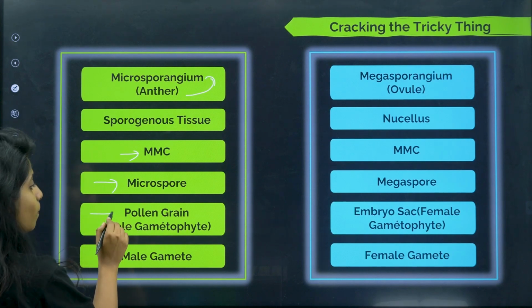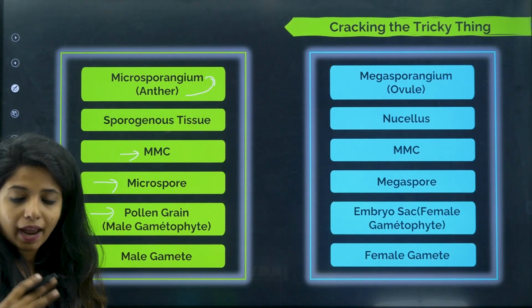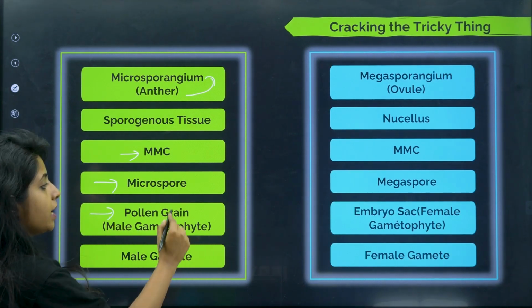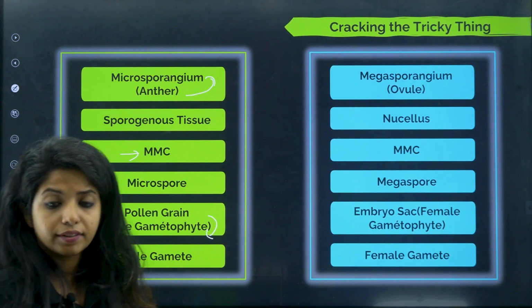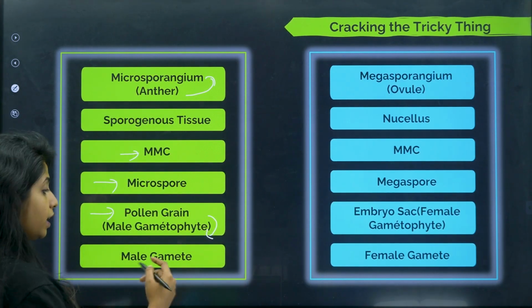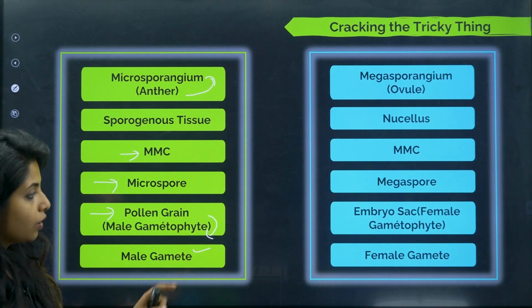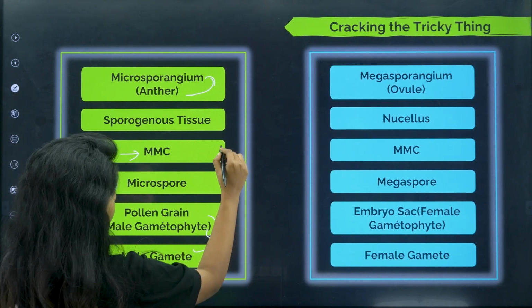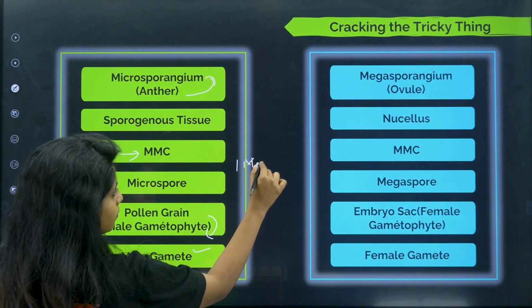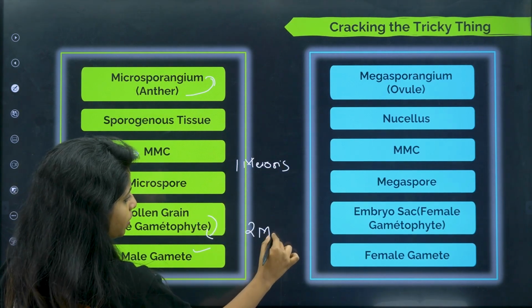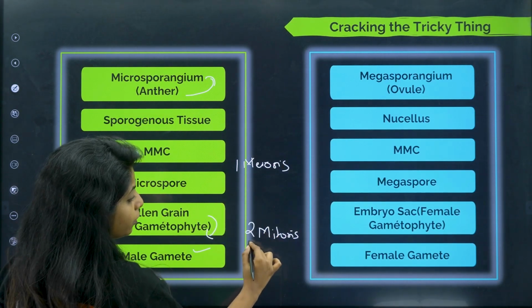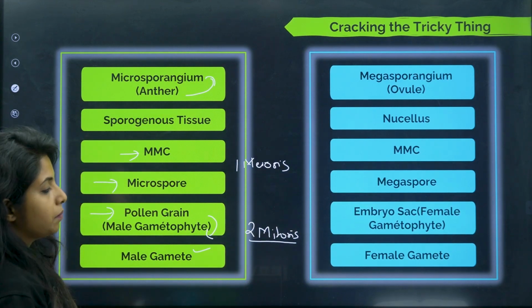Each of them will form a pollen grain, that is the male gametophyte. This pollen grain divides into 2, giving generative and vegetative cell, and the generative again divides to form male gametes. So there you had one meiosis and 2 mitoses happening. One for dividing into generative and vegetative, one for making gametes.